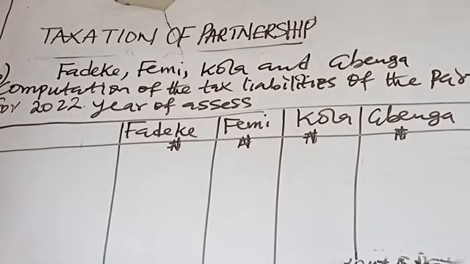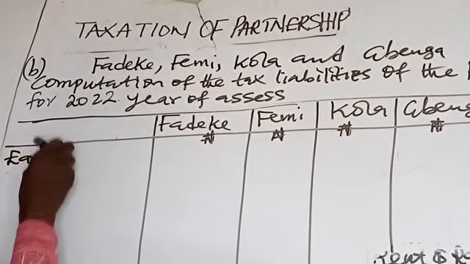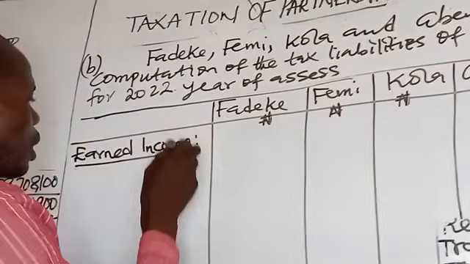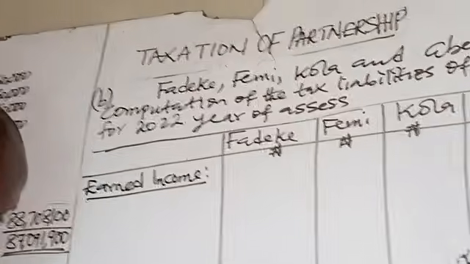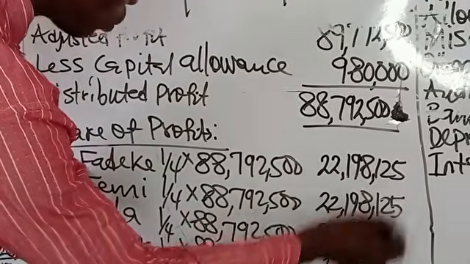So we start with earned income. Earned income includes the profit share among the partners, which is 22,198,125 for each of the partners.